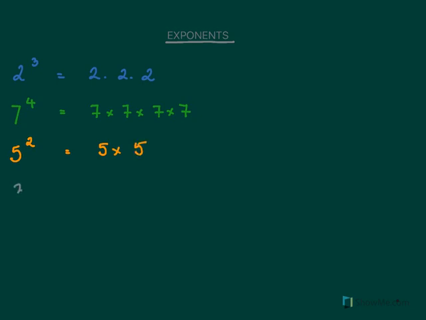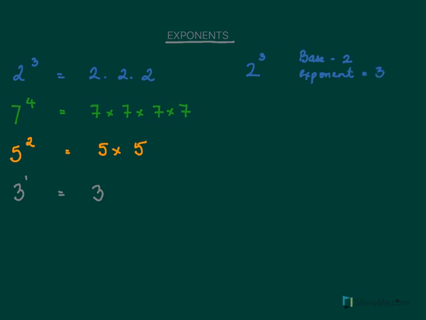And if I have just 3 raised to 1, which is not usually written, it is just written as 3. Now in each of these cases, like 2 raised to 3, the base is 2 and the exponent or the power is said to be 3.